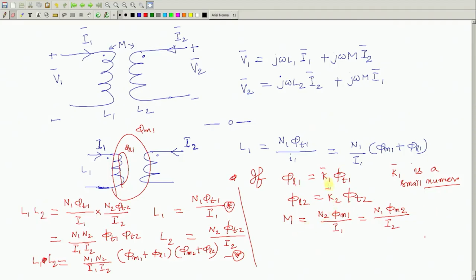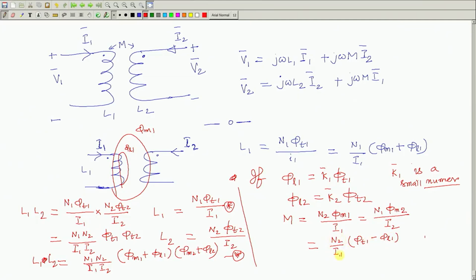Now, in terms of this K1, M can be written as N2 by I1 into phi M2, and phi M1 is phi T1 minus phi L1.